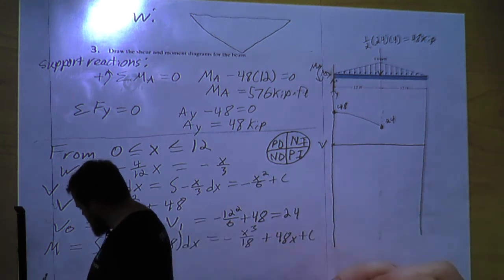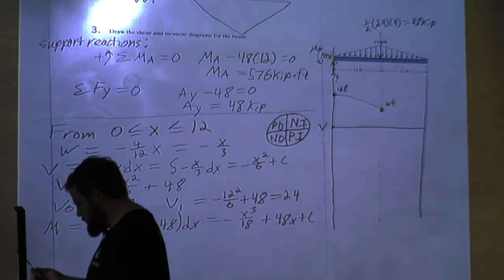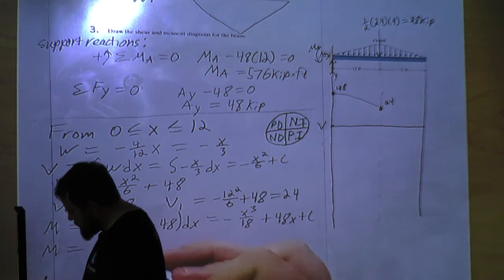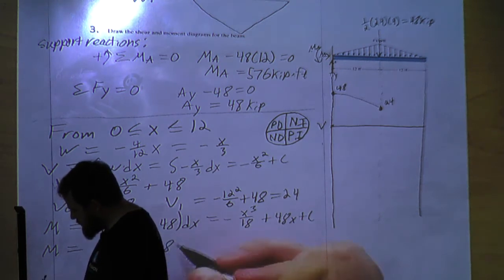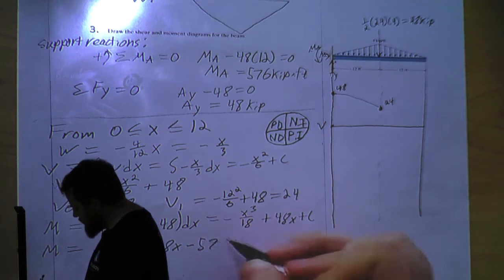In this case, our c will be our applied moment at A, 576, or our support reaction moment, not applied. So this becomes negative x cubed over 18 plus 48x, minus 576.